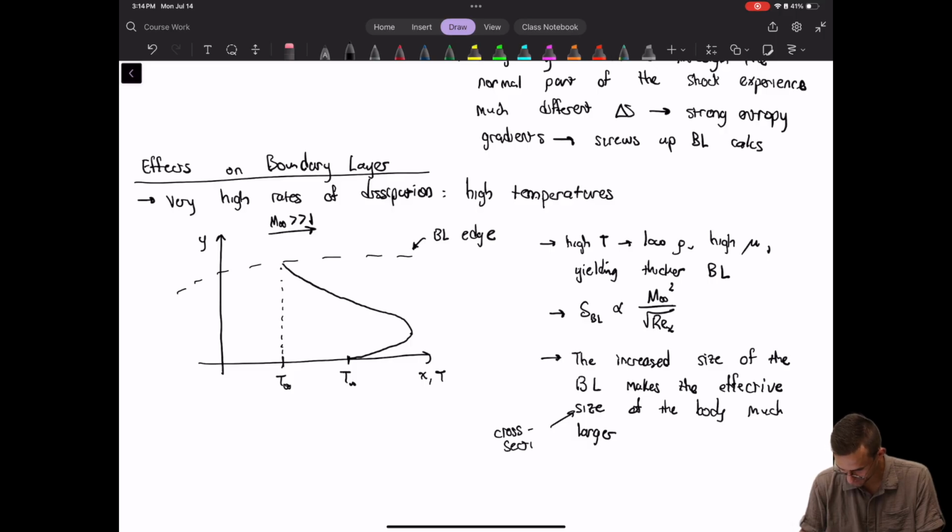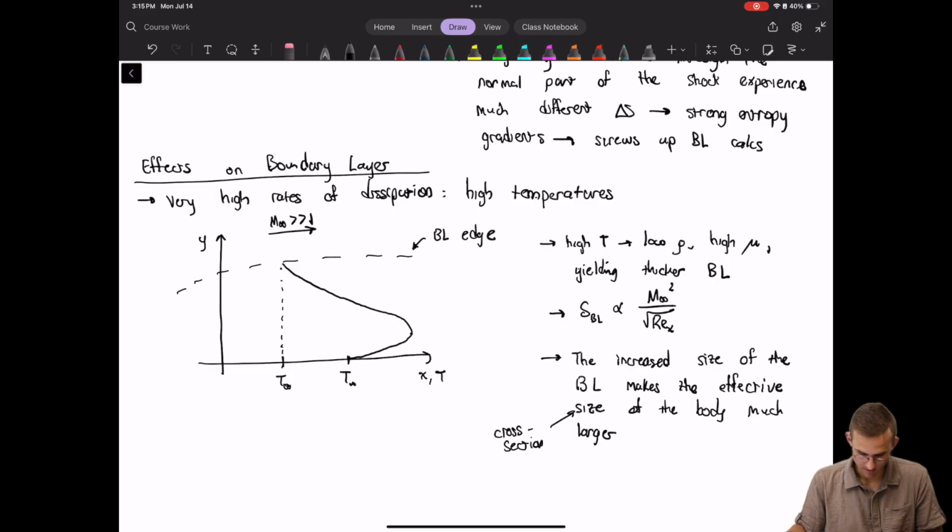Remember that all of our airfoil calculations essentially start where the boundary layer ends. Usually the boundary layer is thin enough that you can just use the same shape of your airfoil and assume you have ideal flow almost instantly at the surface of the airfoil, at least for simple analyses. But in this case, the boundary layer gets thick enough that the cross section of your airfoils and your overall device becomes significantly larger, and it becomes a problem and messes with things.